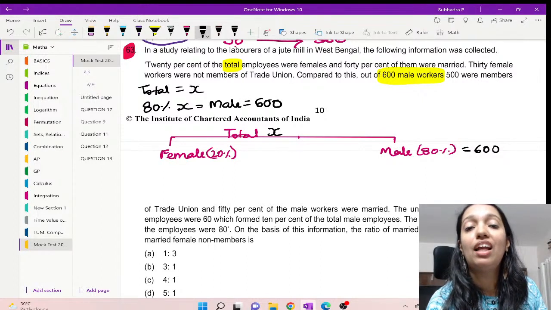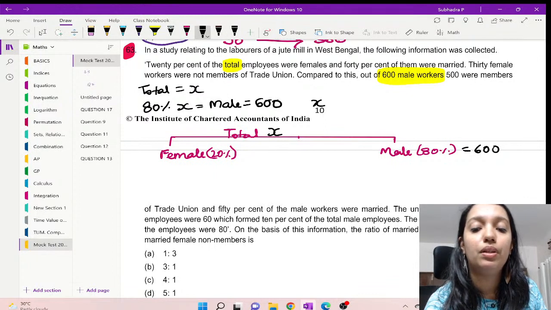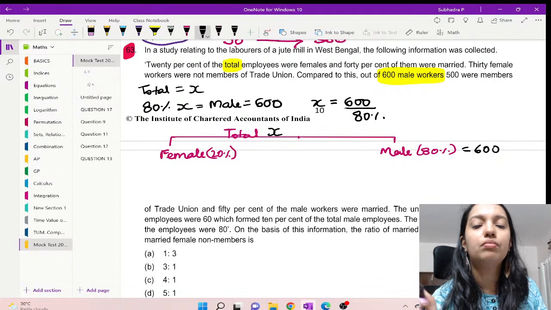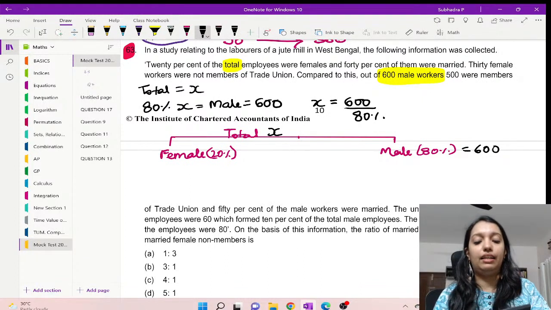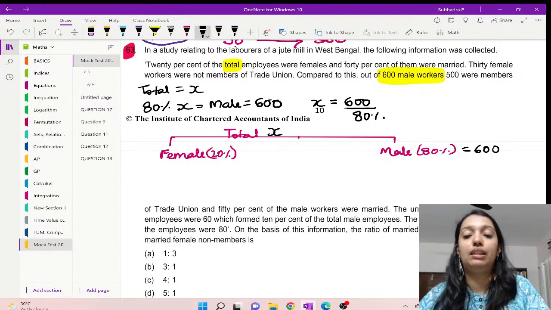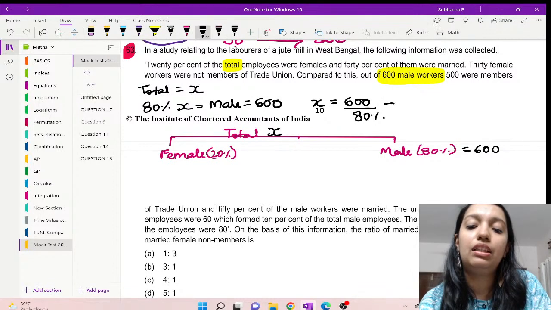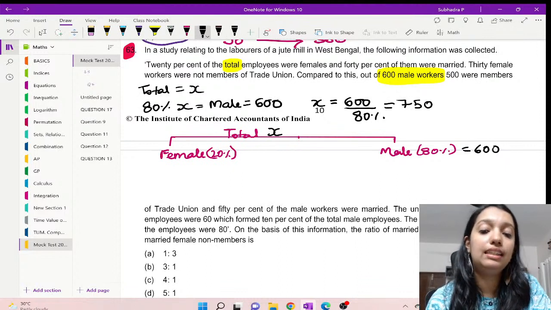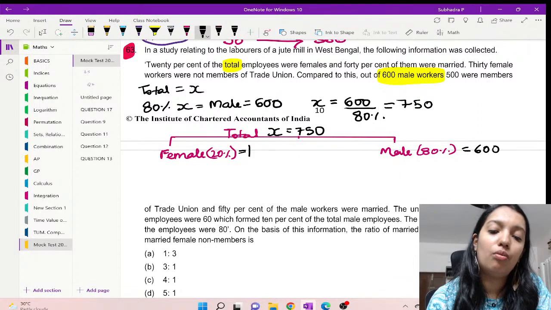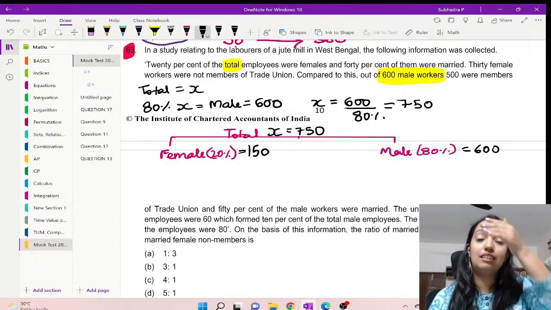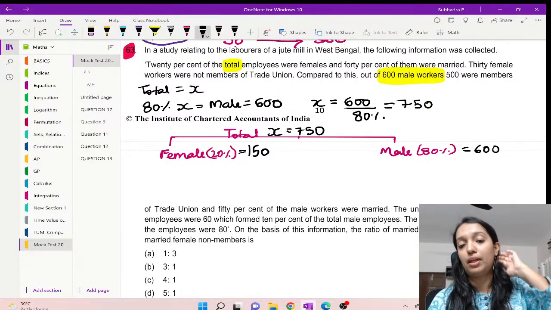So what is the value of X? X will be 600 divided by 80%. Take your calculator and work out. 600 divided by 80%. I am getting the answer to be 750. So if total is 750, male are 600. How many of them are female? 150. So this is the basic first level information.